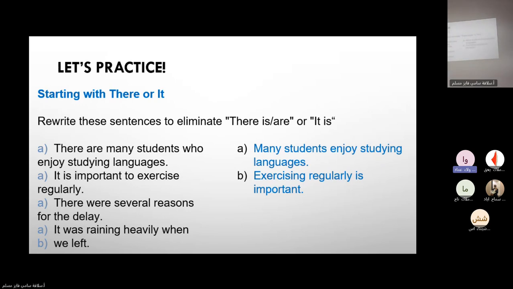Okay, I would say the delay was for several reasons. The delay was for several reasons. Okay, أو several reasons caused the delay. Same. Yes. And the last one, Malvina, try it.